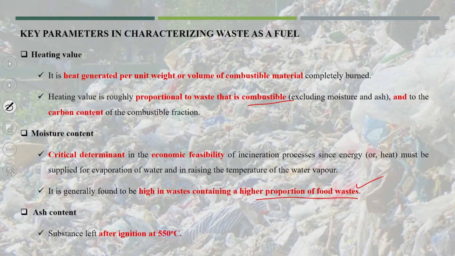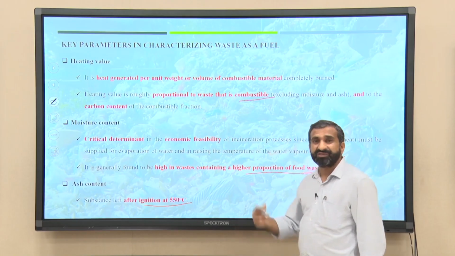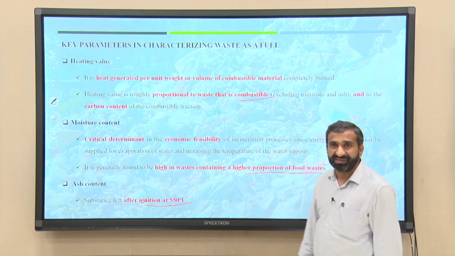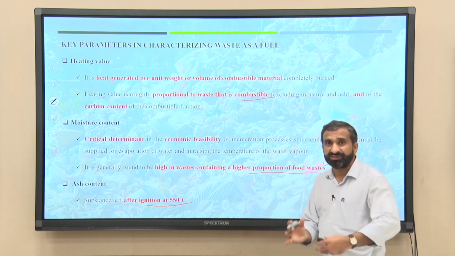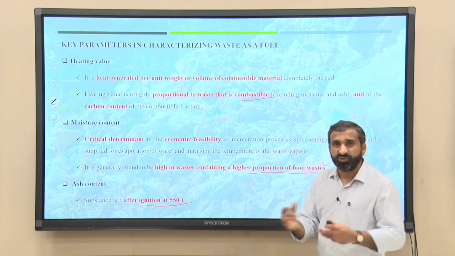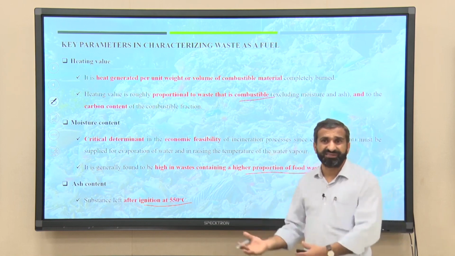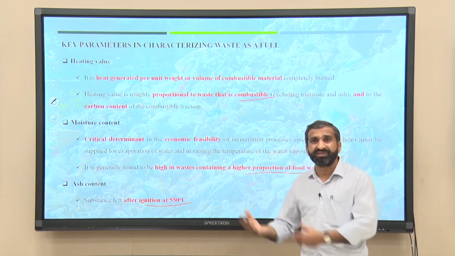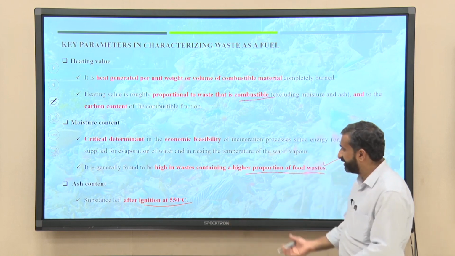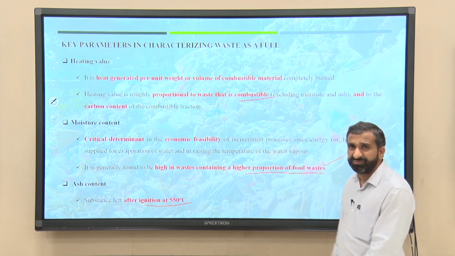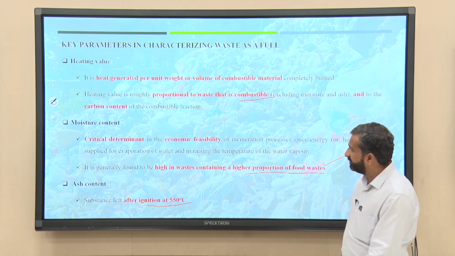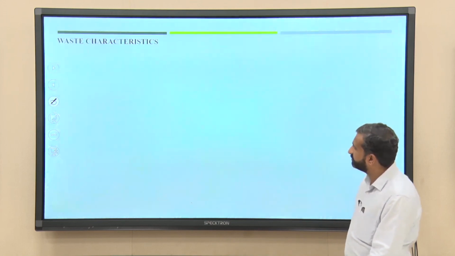We have also seen this in the characteristics slide. It is analyzed at 550 degrees centigrade, because in the incineration process the temperature goes to more than 1000 degrees centigrade. So, we need to know how much ash is being produced. If more ash is produced, then obviously the disposal of this ash is another major issue. So, this is also a very important parameter to consider.